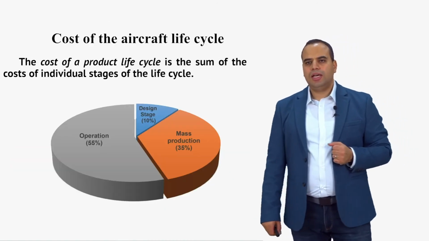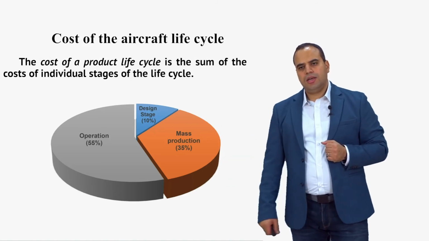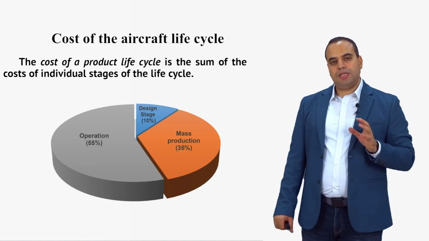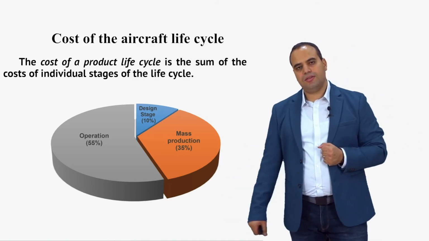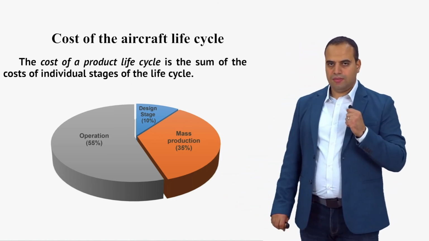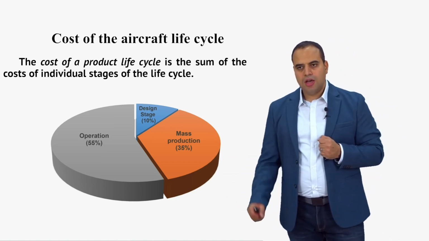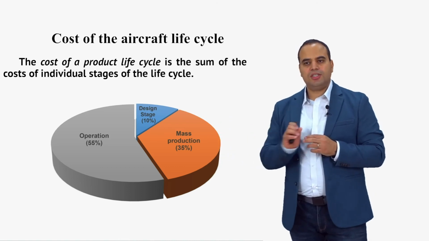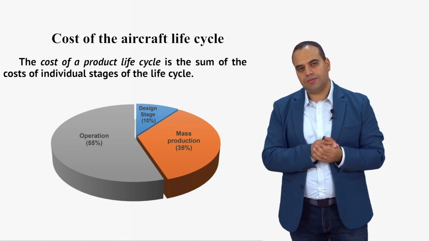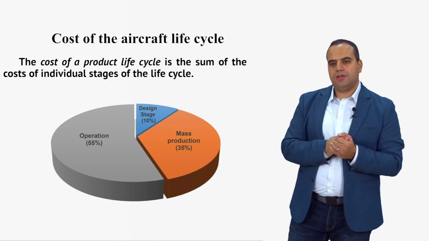And from this pie chart, we can see that the operation, which is by far the largest in terms of time scale, takes only half of the cost of the life cycle of the aircraft, while the mass production and the design stage consume quite significantly the other half, if you like, of the cost of the aircraft's life cycle.